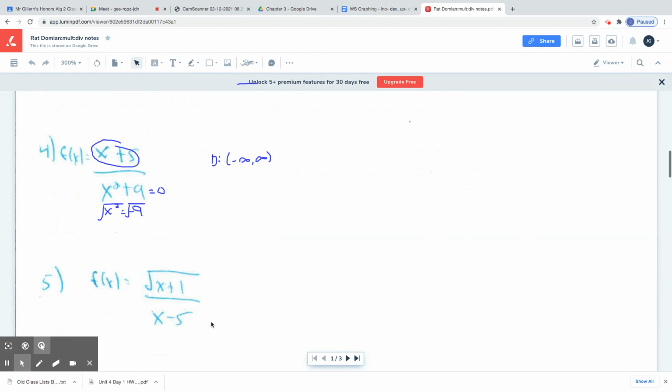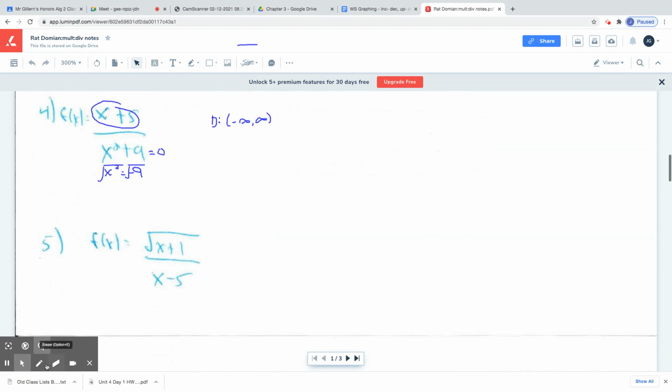All right, now I'll do one more of these, throw you a little curveball here. So obviously, we have a rational function here where we have x minus 5. So x cannot equal 5. But we have something interesting up here, and we have a square root. This goes right along with what we were talking about with imaginaries.